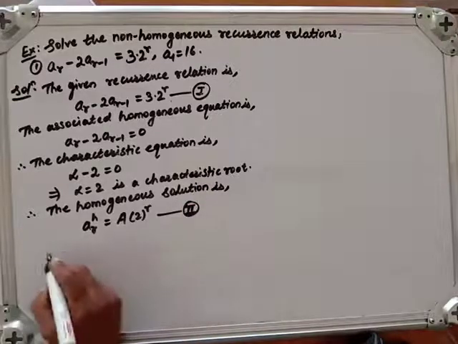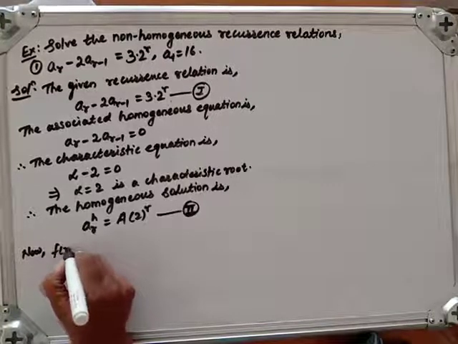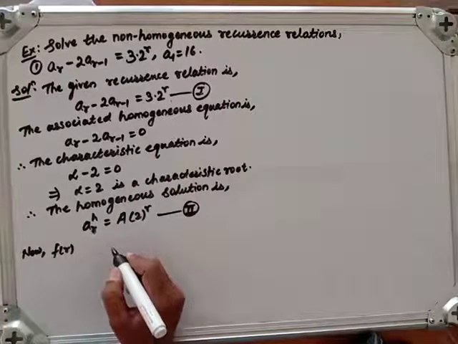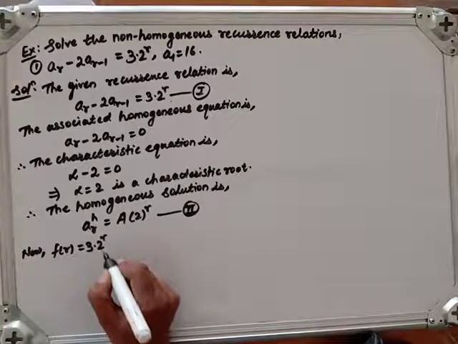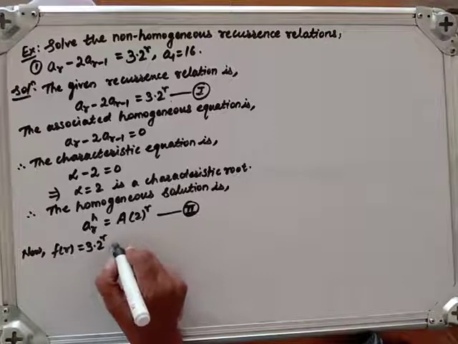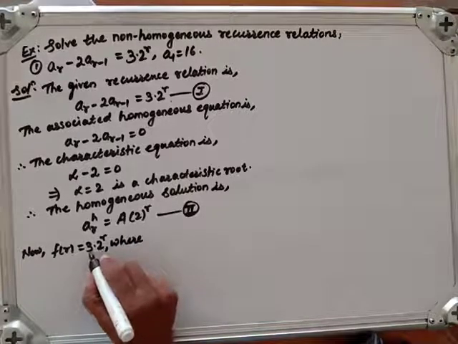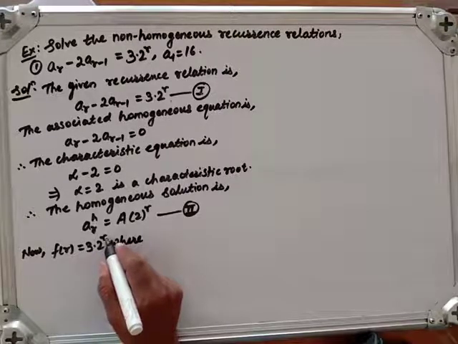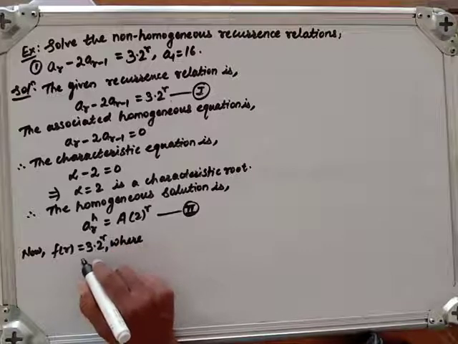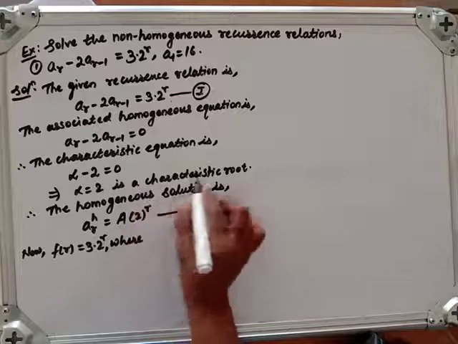Okay. Now what is with us? f of r. We have to find the particular solution first. Now f of r is 3 into 2 raised to r. So this is of the kind P into lambda raised to r, or some constant C into lambda raised to r, where this lambda is the characteristic root.